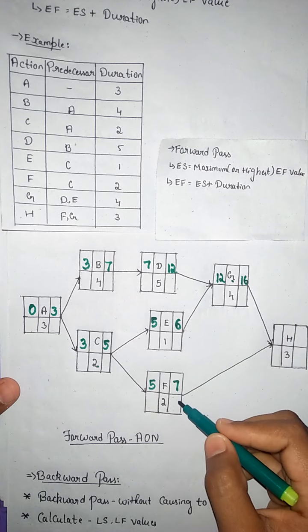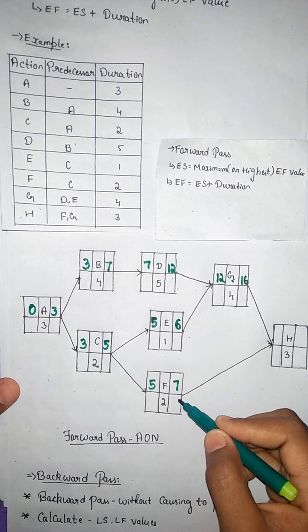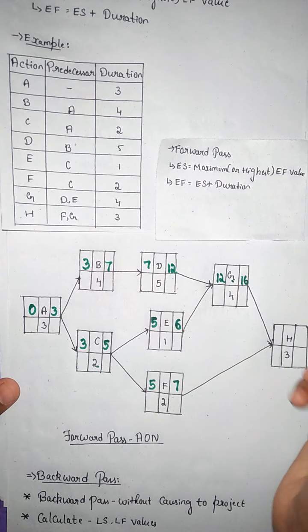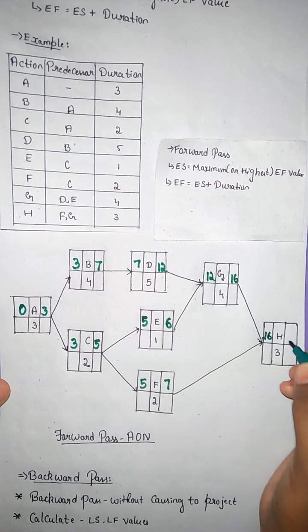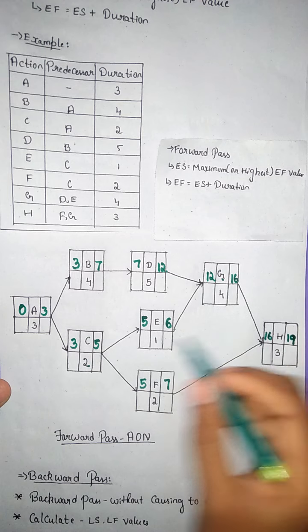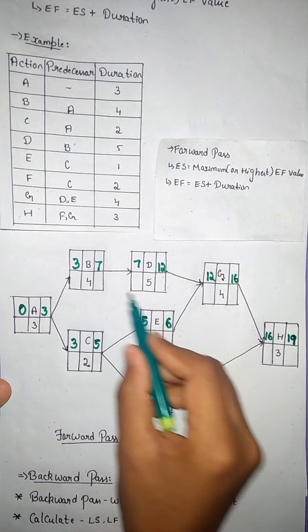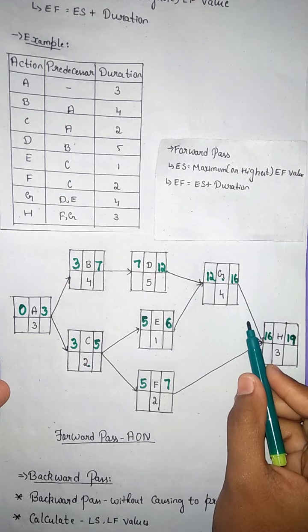Between these two, 16 has the highest value, so 16 plus 3 will be 19. This is how the forward pass value is calculated. We move from left to right.